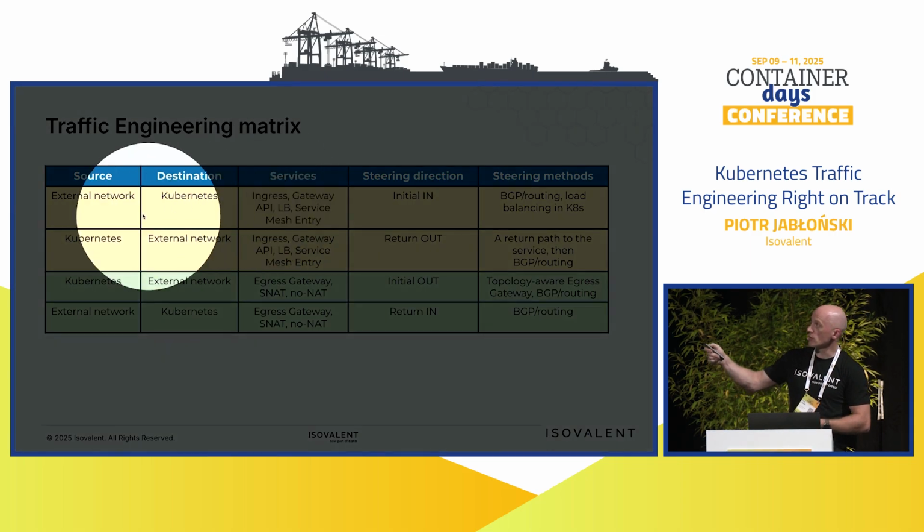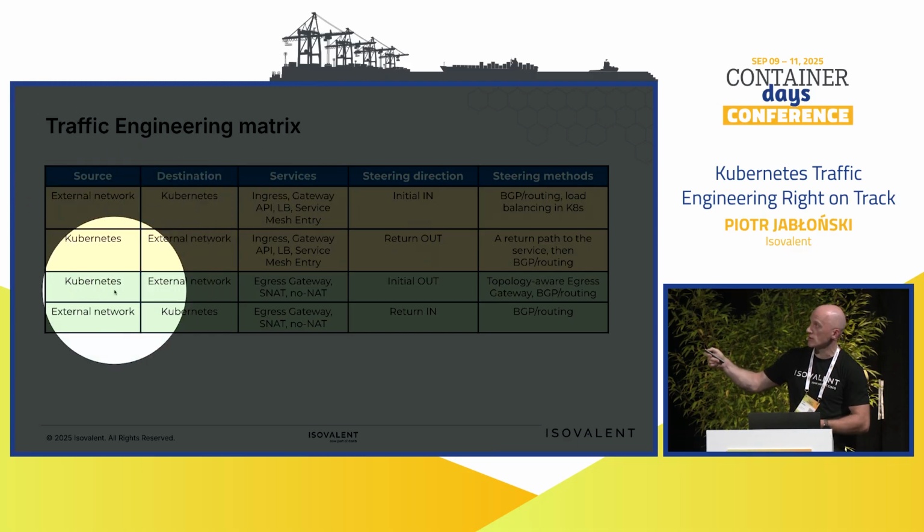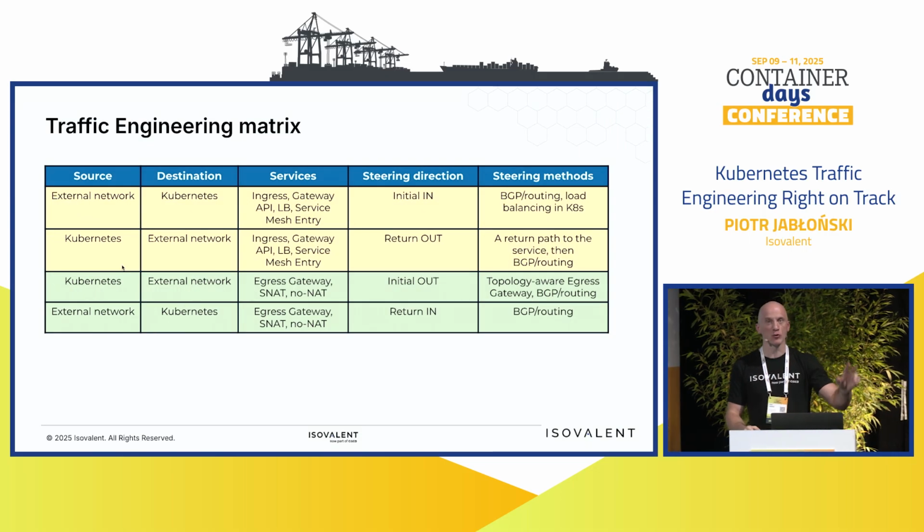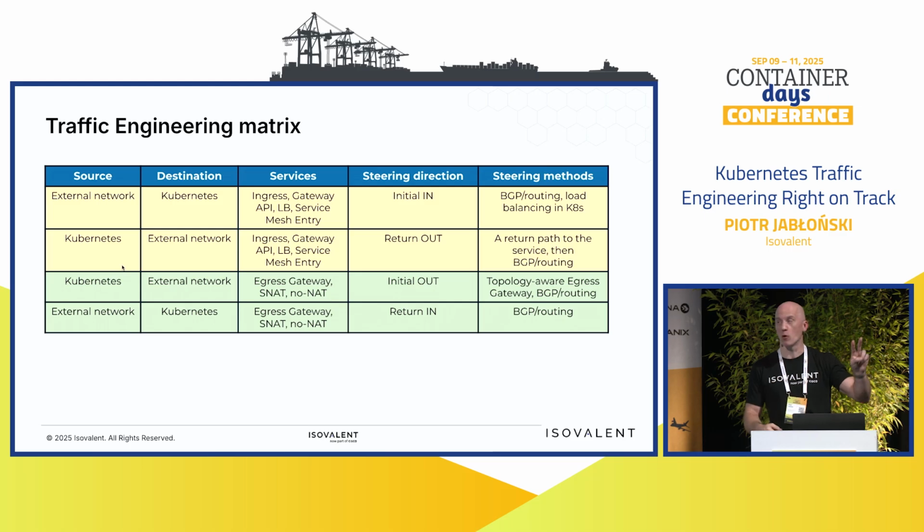For example, here we have a traffic engineering matrix, which summarizes two basic bidirectional flows.